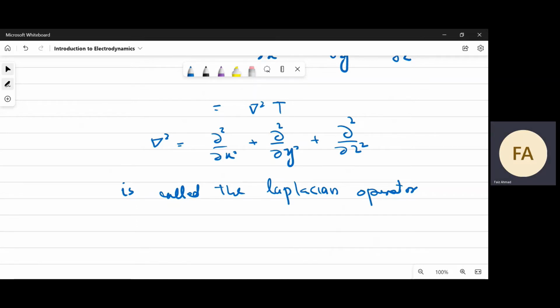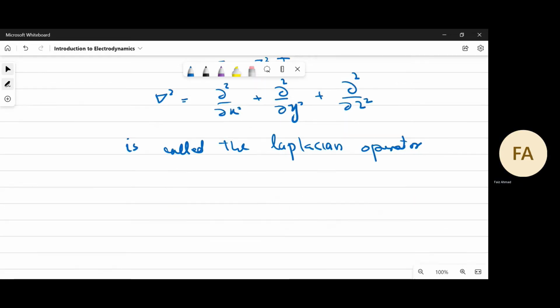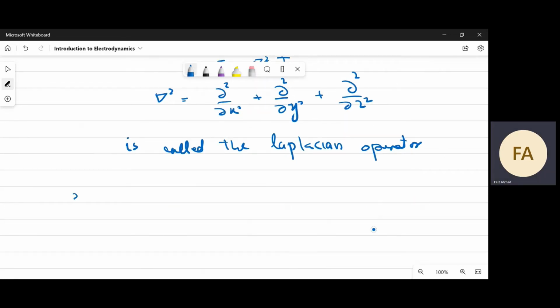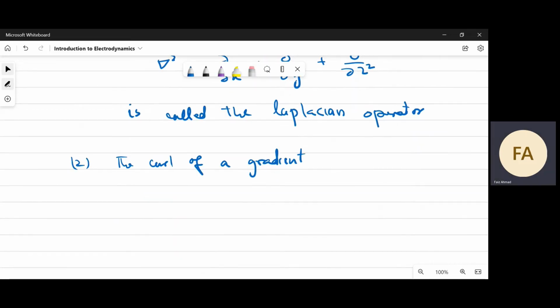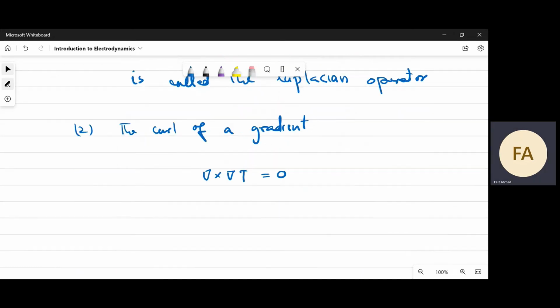Let's check the other possibilities. Let's check two. So two is the curl of a gradient. This is an identity: del cross del t is equal to 0.